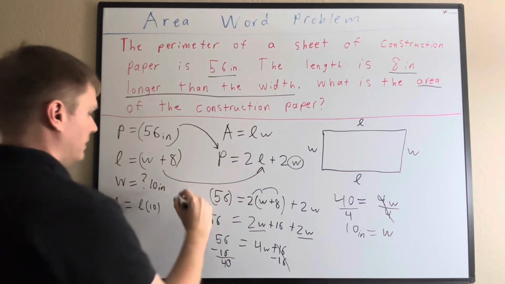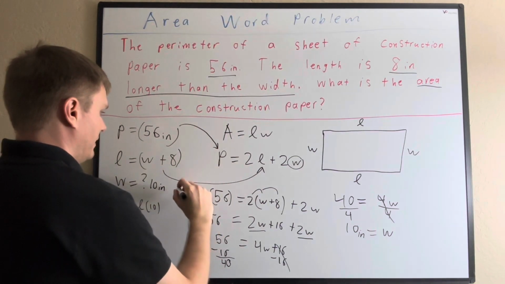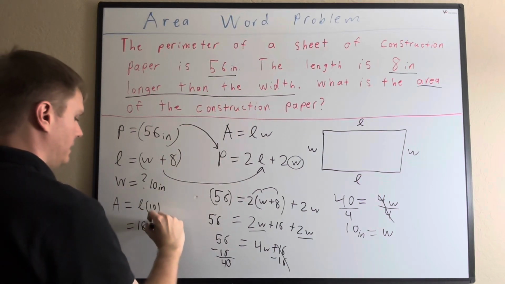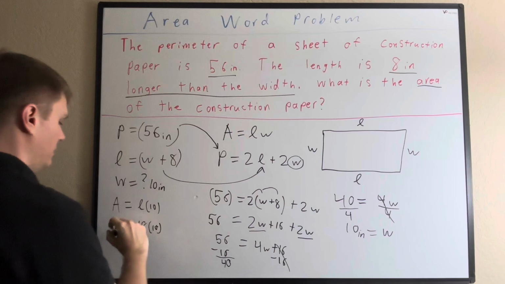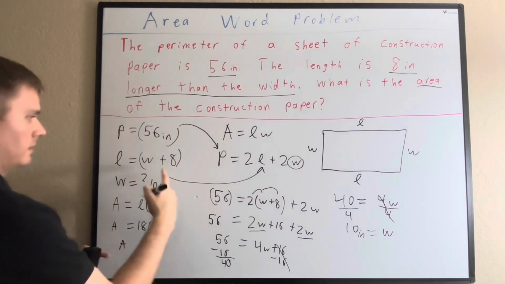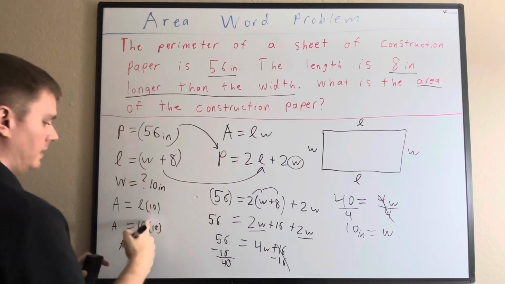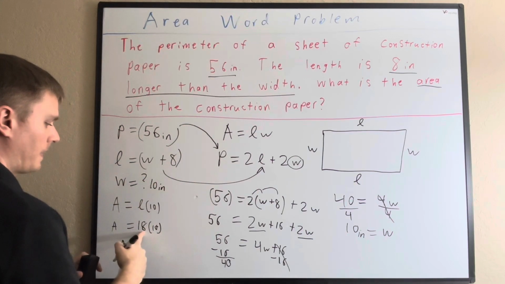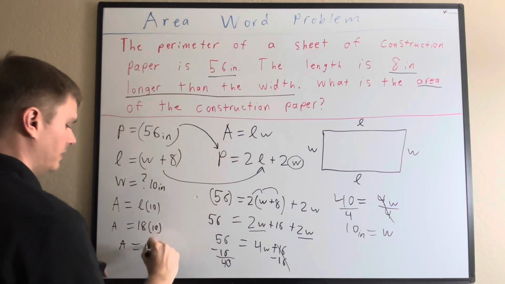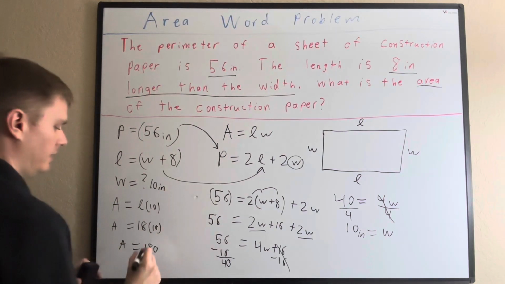So that would be 10 plus 8. So L is 18 inches. Right? 10 plus 8 is 18. 18 times 10. You multiply anything by 10, you just tack a 0 on the end of it, and voila.